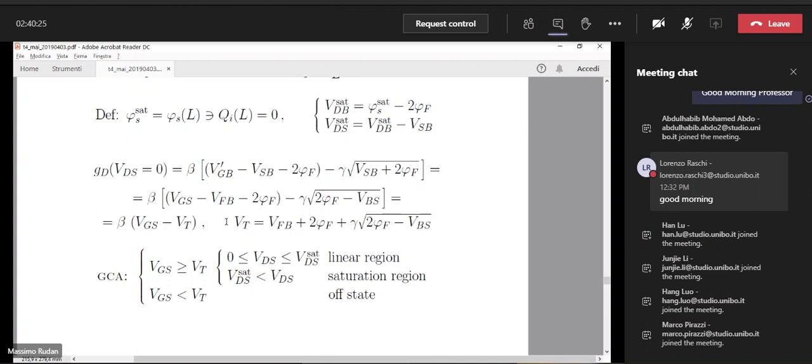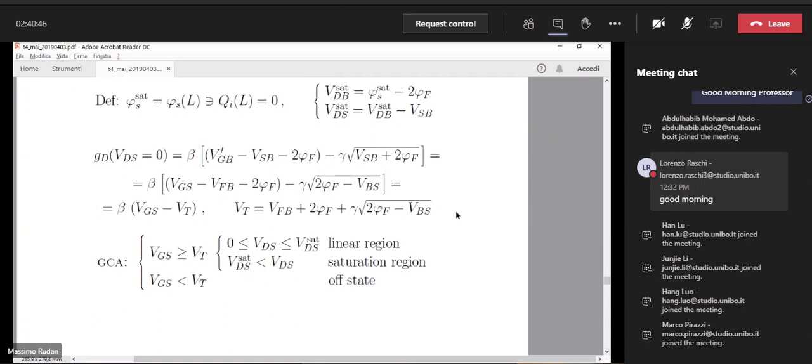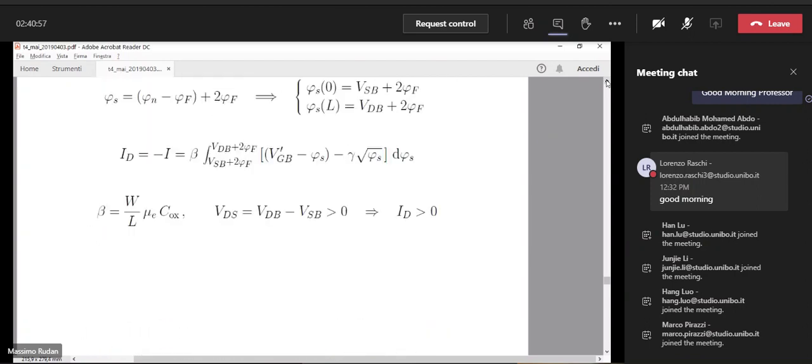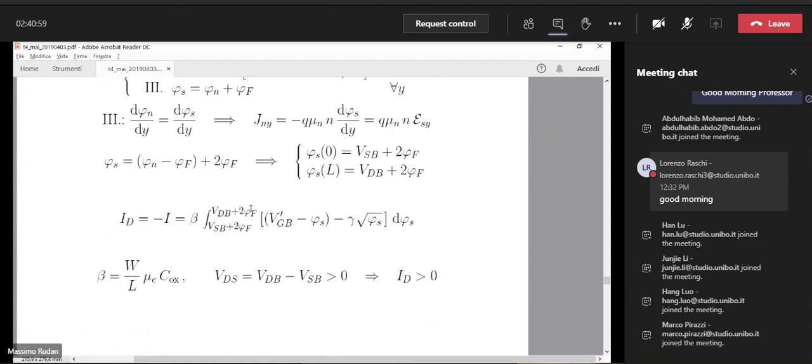In the above threshold condition, we also distinguish two regions. One region is when the VDS voltage is positive but smaller than the saturation voltage. As you know, we call this the linear region, okay? And in the linear region, this theory applies, okay? So this is essentially the current of the linear region.